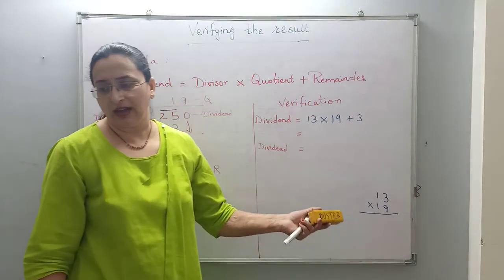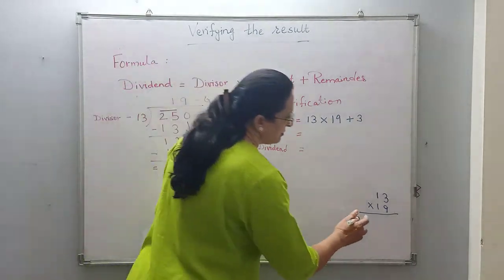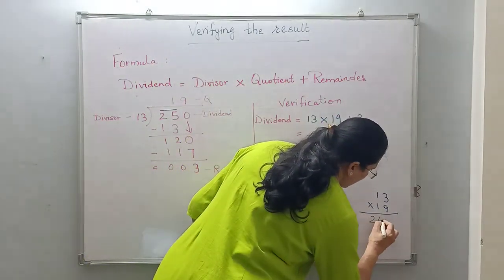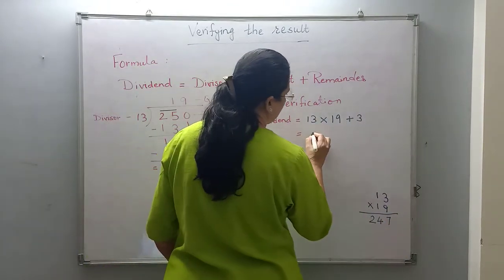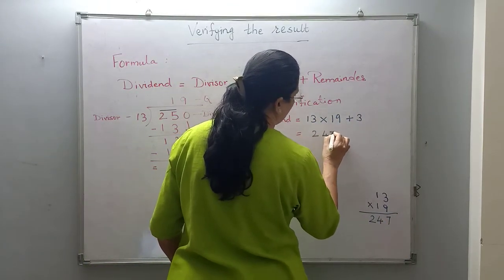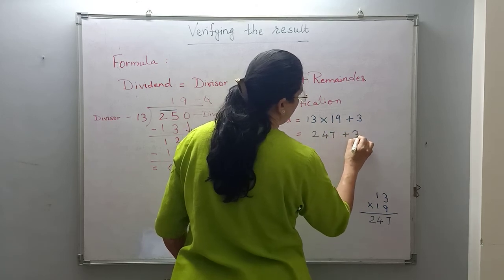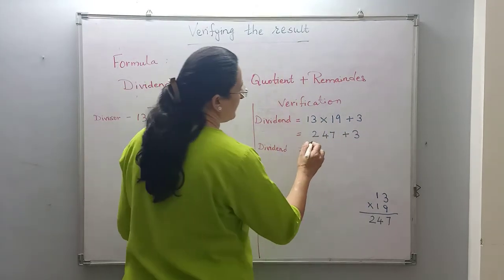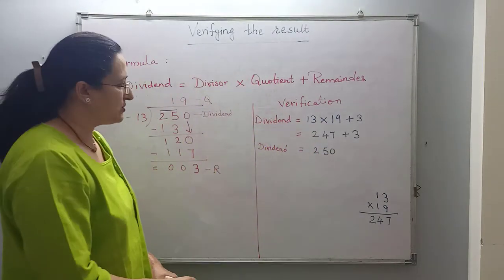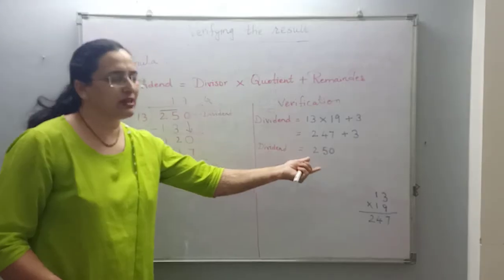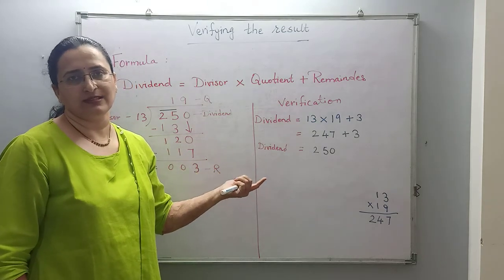So our final answer for this is 247. Now the answer of multiplication here is 247 and we are going to add our remainder to that. It becomes 250. So the same dividend we have got here, it means our answer is correct.